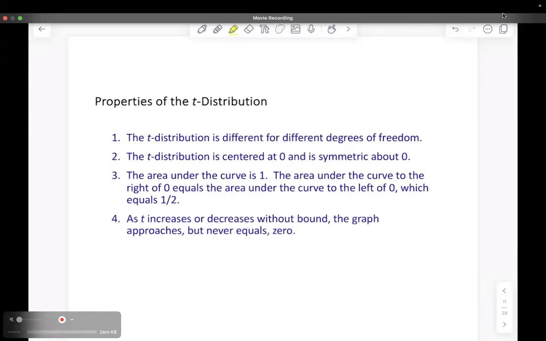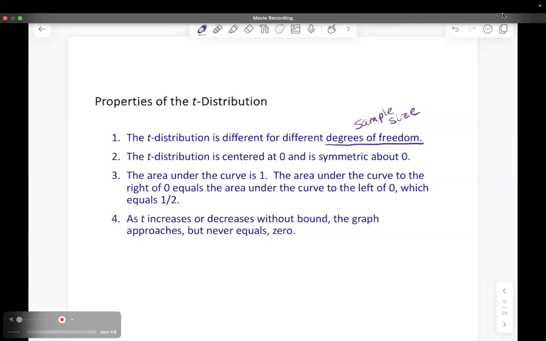So here's the T distribution, it's going to be different for different degrees of freedom. In this case, in order to simplify, degrees of freedom, we're just going to call that sample size. It's a little bit more complex than that, but you don't need to deal with that. We're just going to stick with calling it sample size because you're not going to need it to be anything different.